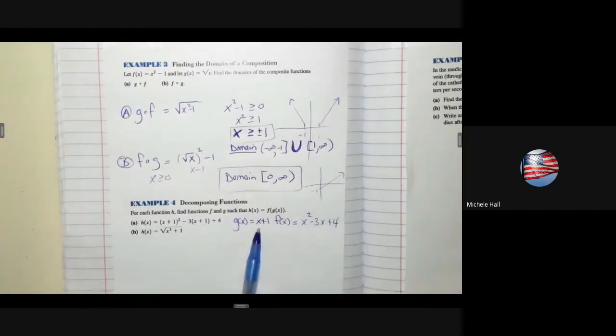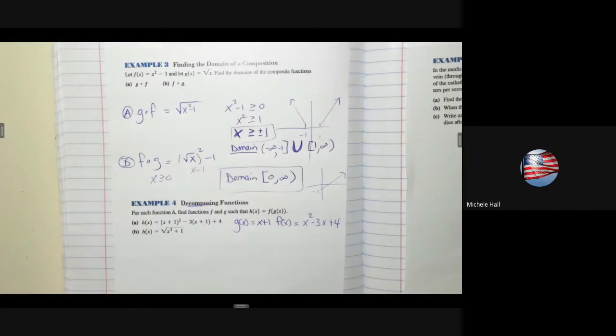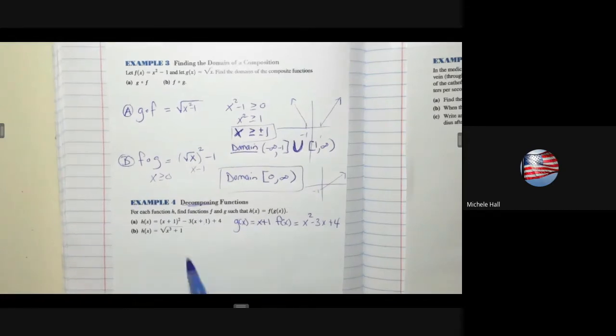So if I took x plus 1 and substituted in for x, it would be x plus 1 squared minus 3 times x plus 1 and then plus 4. That's decomposing. You're working backwards. For problem B, we can see that this was substituted in for an x.